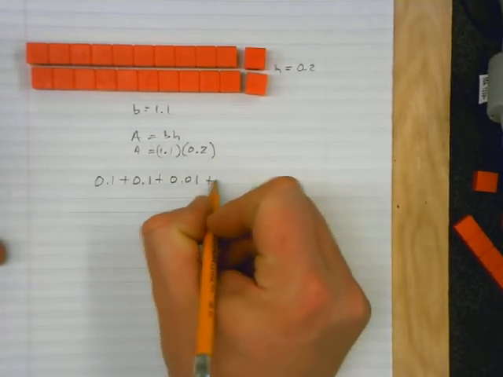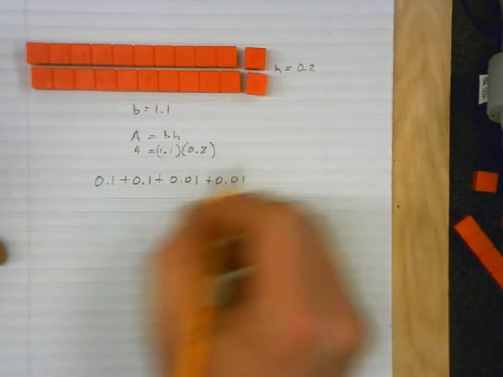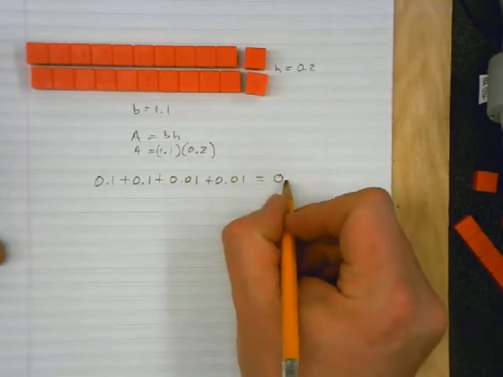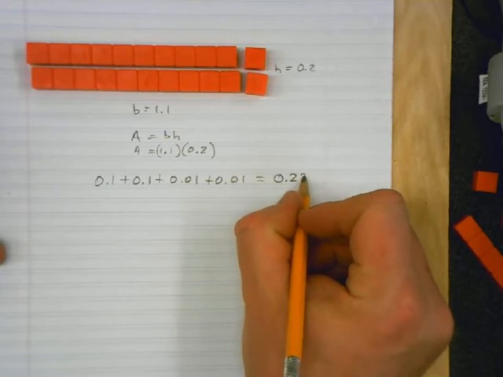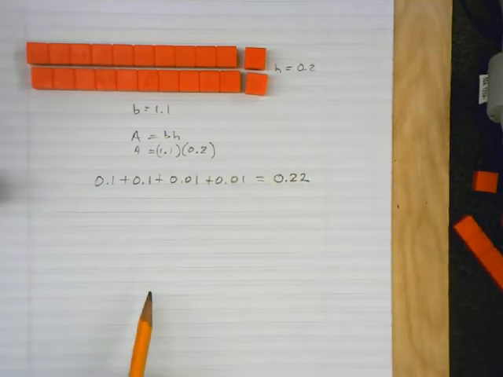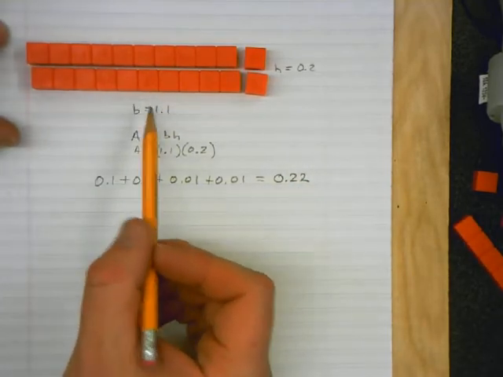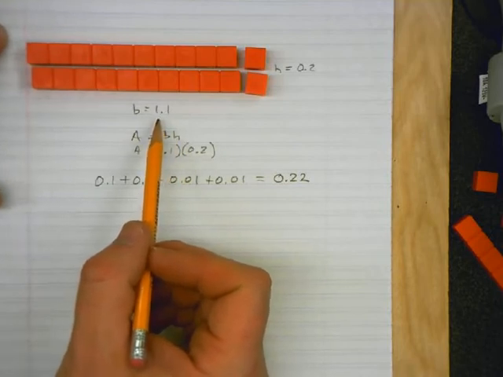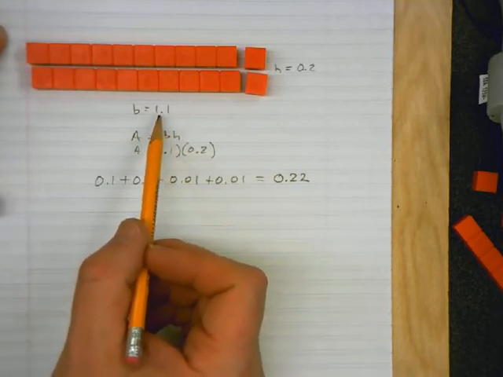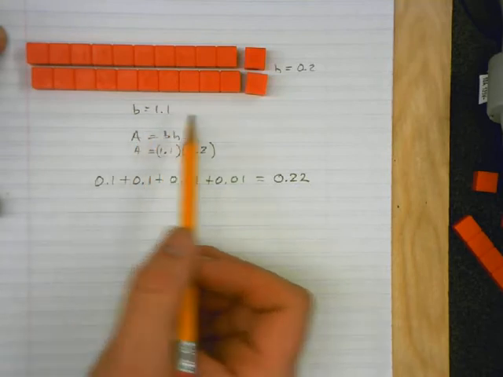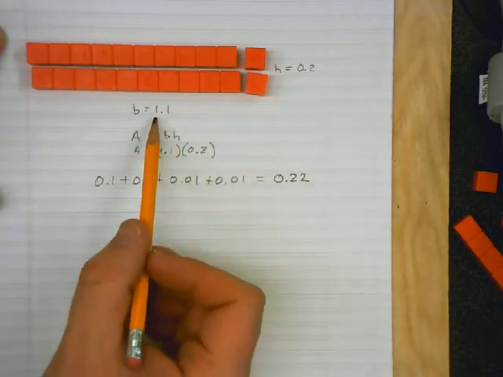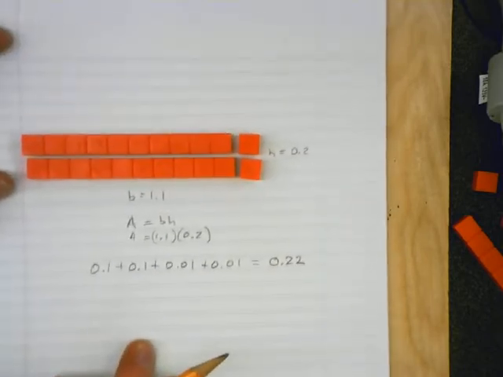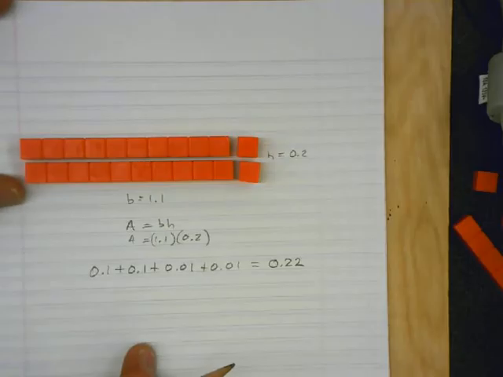Recall that the rod is worth 1/10, 0.1, and the cube is worth 0.01. So really we have 1/10 plus 1/10 plus 0.01 plus another 0.01. And we get a total of 0.22.